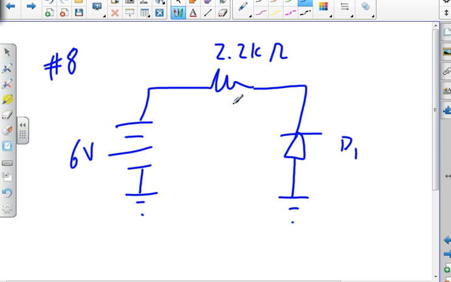This is R1. So we want the voltage across R1, the voltage across D1, and the total current in the circuit.